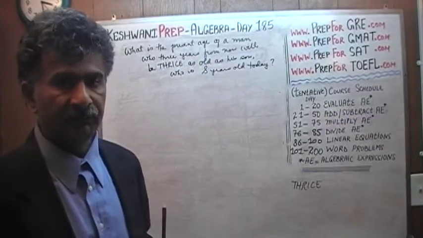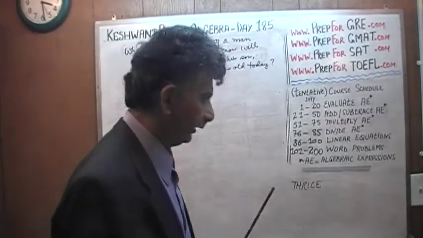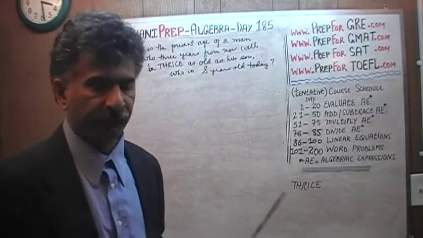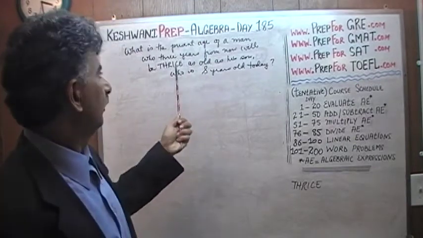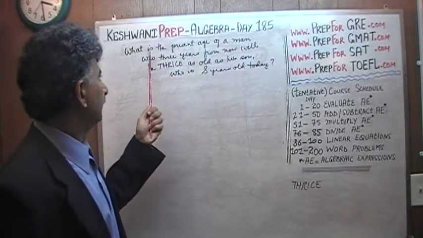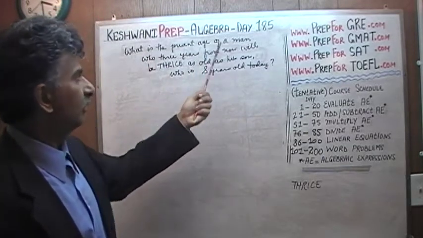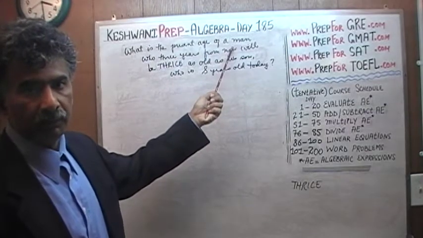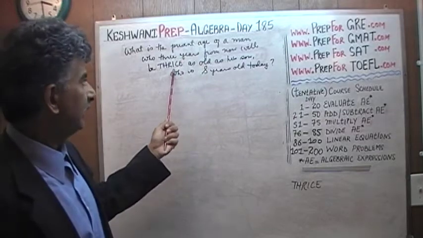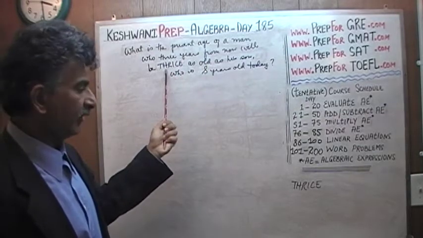It means 3 times, as opposed to twice. So 3 years from now, he will be 3 times as old as his son. We are asked to figure out the present age of the guy.